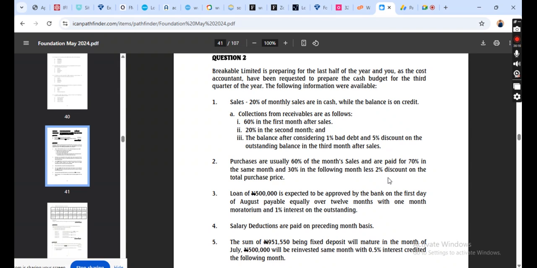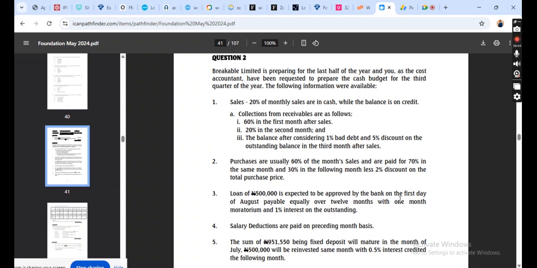So in this case, 70% in the same month. So you will pay your supplier 70% in the same month, right? Then you pay them 30% in the following month, less 2%. So it means you are still owing 30% because you will pay it in the following month.